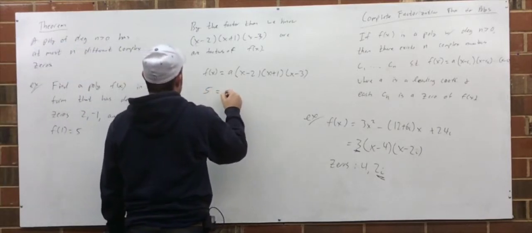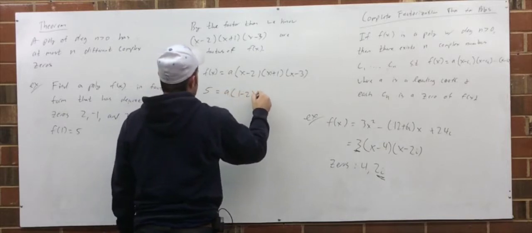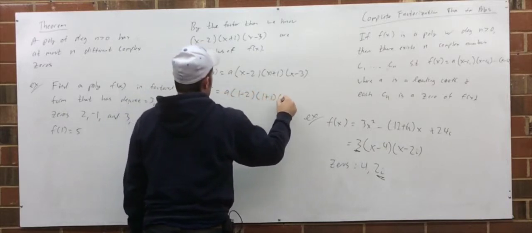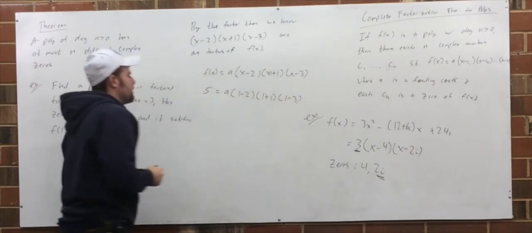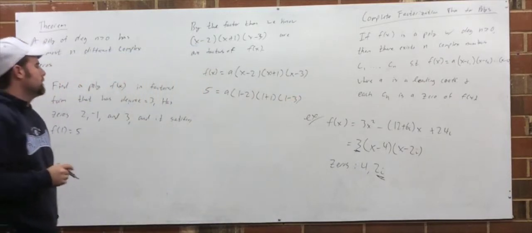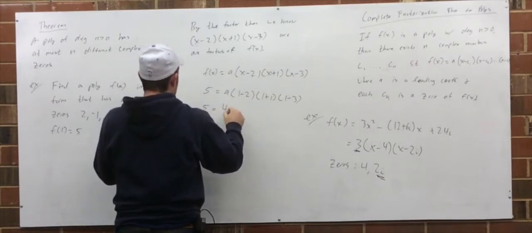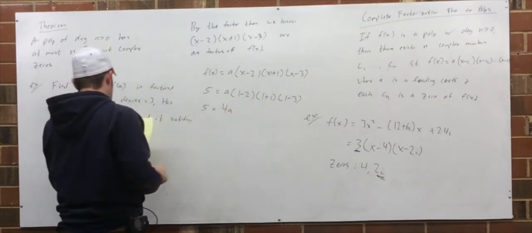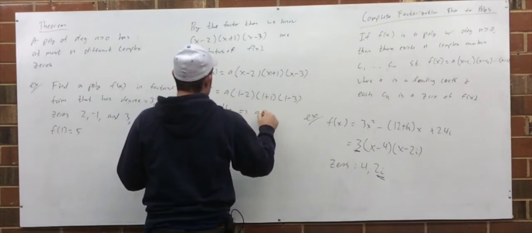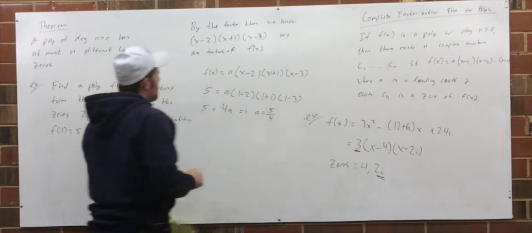So that's how we're going to solve for our a. We're going to say 5 equals a times 1 minus 2, 1 plus 1, and 1 minus 3. Or 5 equals, I think it comes out to 4a, which implies that a equals 5/4.